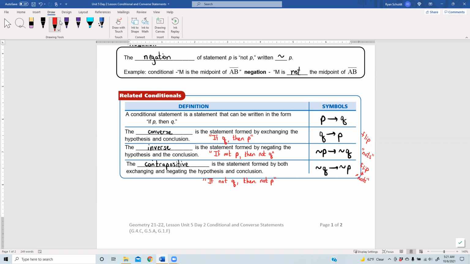Flip and nots. That's the one that's kind of extra, in the sense that you have to do the most to it.